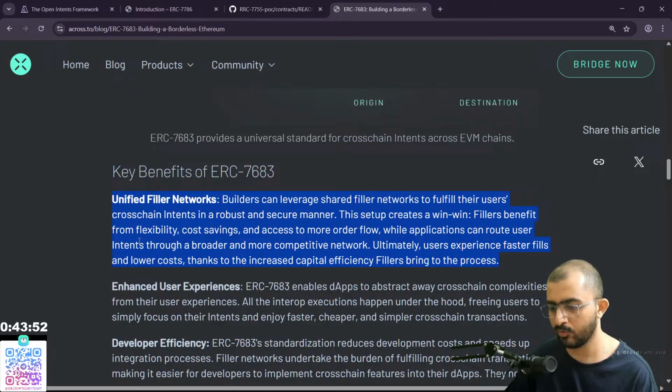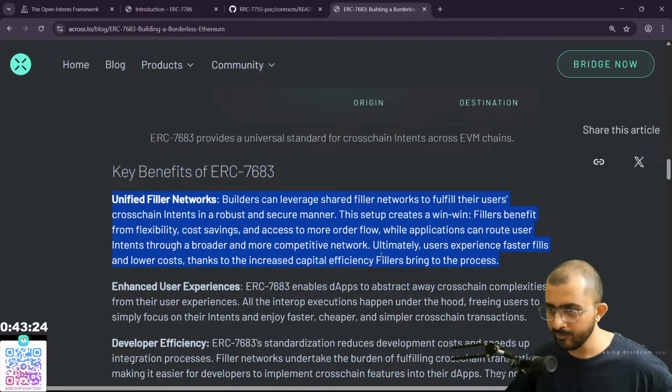Fillers benefit from flexibility, cost savings, and access to more order flow, while applications can route user intents to a broader and more competitive network. Ultimately, users experience faster fills and lower costs thanks to the increased capital efficiency fillers bring to the process.